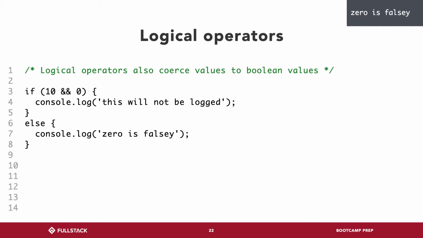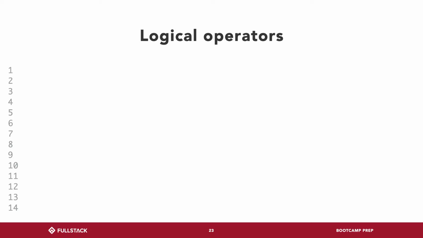Because and returns the first falsy thing it finds, or the last truthy thing. But since there is a falsy thing, it returns the 0. So 10 and 0 is actually just 0. So if 0, not. 0 coerced is false. So we go into the else, 0 is false. Right? Yeah, nice.